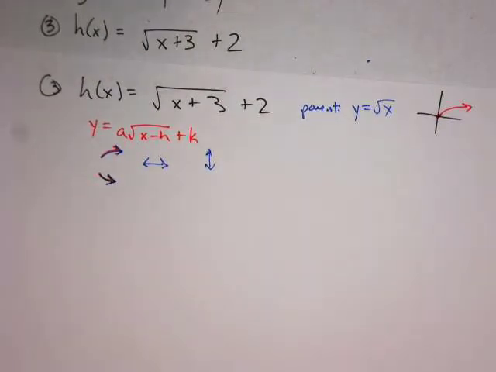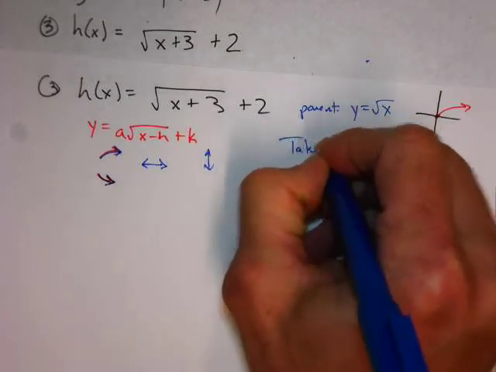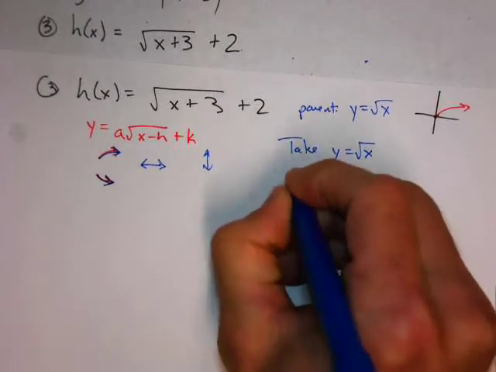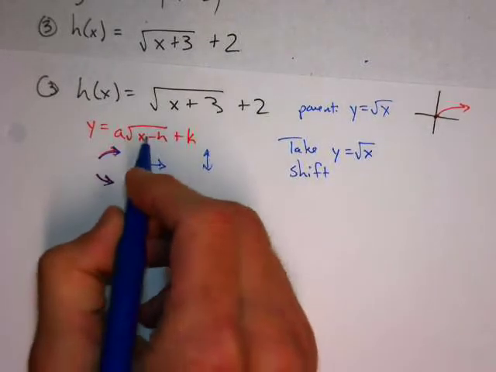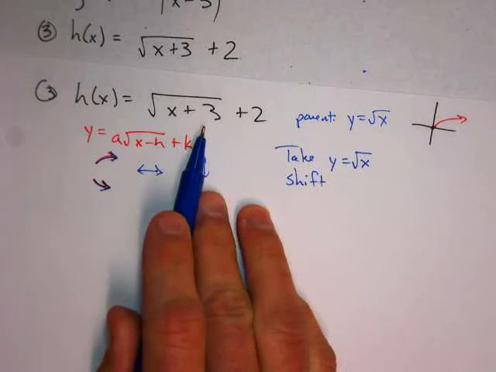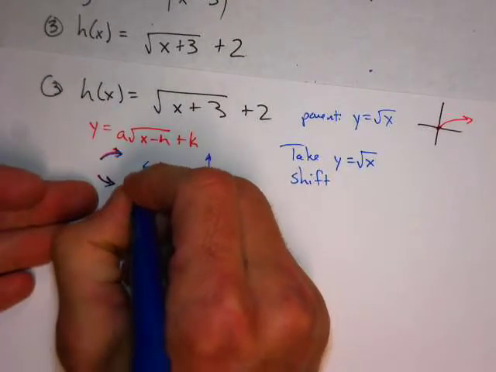So now, how is this graph going to move? Well, we can describe it. We're going to take the parent function, y equals the square root of x, and we're going to shift it. This is x minus h shifting to the right, but this is x plus 3. If you remember the trick, minus h goes to the right, plus h goes to the left.